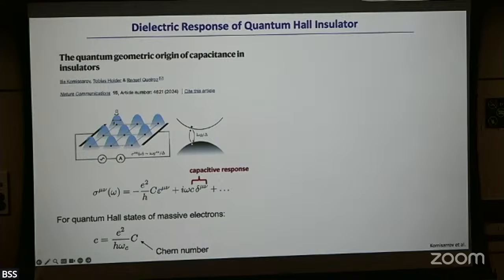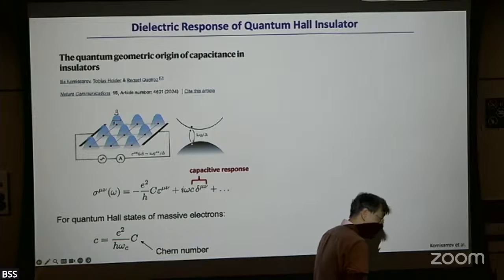Experimentally, what could be interesting is that if I have a quantum or Chern insulator and I look at the AC response, you can measure the dielectric response, or measure the polarization current and get the capacitive part of the sample, and you may see that it relates back to the Chern number of the insulator.